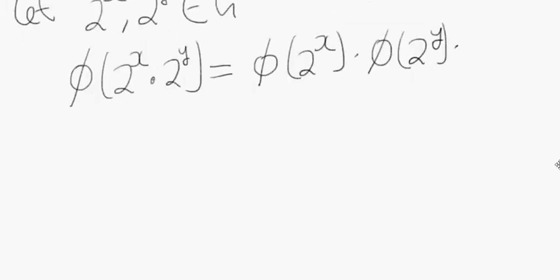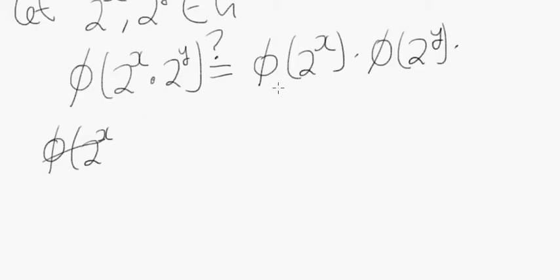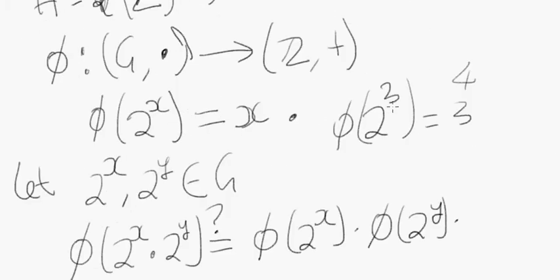We don't know yet if this is true. If it is, then we have ourselves a legitimate homomorphism. So let's see. One thing we notice is that phi of 2 to the x, by our definition of phi, is just going to give us x.